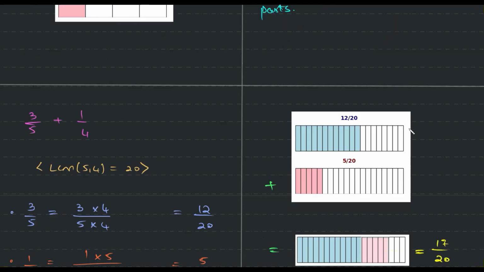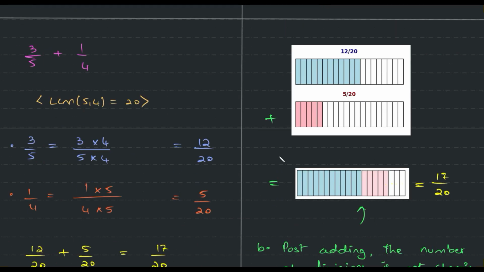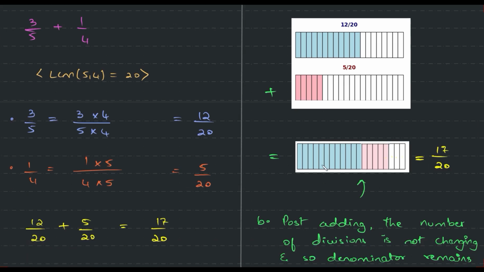Here it was 12 parts, here it was 5 parts. Combined, there are 17 parts that we are selecting. But the number of divisions in these two is not changing, and so we have selected 17 parts out of 20. This represents 17 by 20.